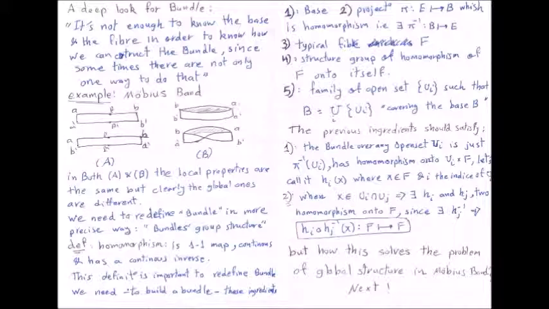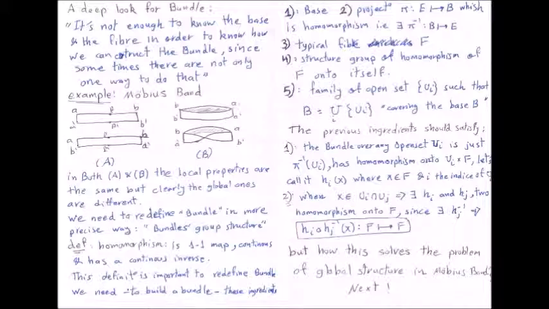The first condition: the bundle over any open set U_i, which is just B^-1(U_i), has a homomorphism onto U_i × F. U_i × F is a product space, which is an ordered pair of elements.